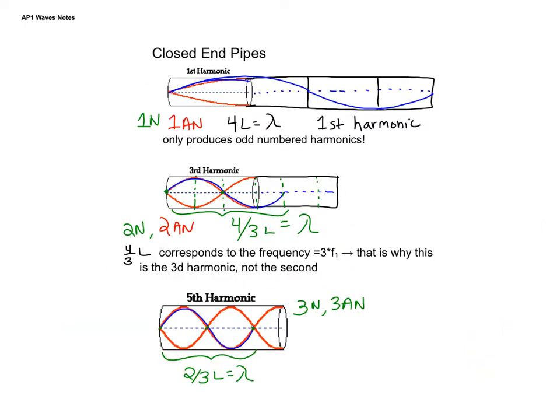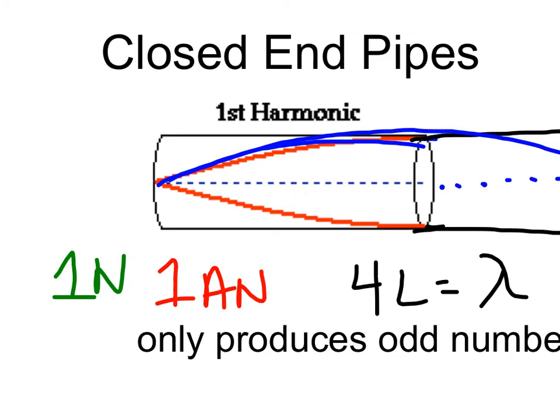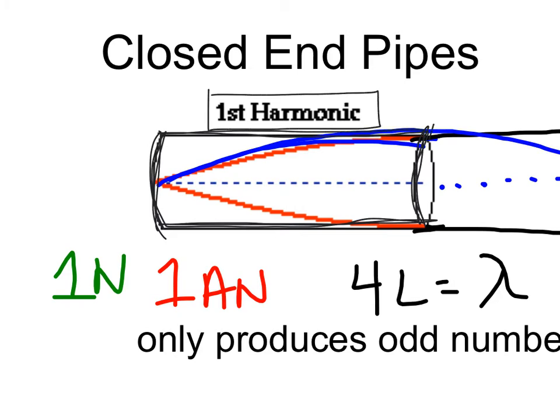All right, if we have a closed-ended pipe, let's zoom in here on our closed-ended pipe. We're going to think about a case where this pipe has a standing wave in it. My first harmonic is going to be the one that is the longest wavelength or the lowest frequency that can generate a standing wave in this system.